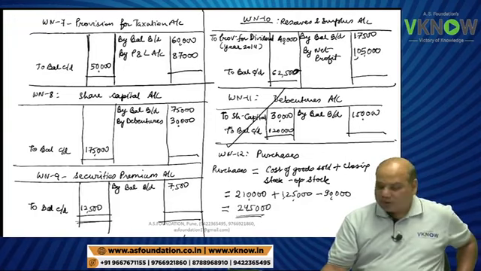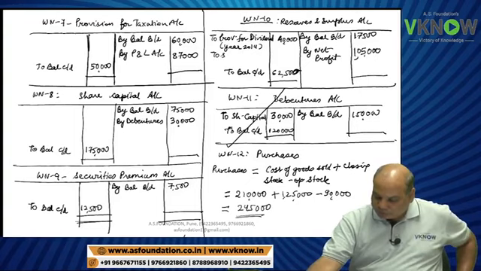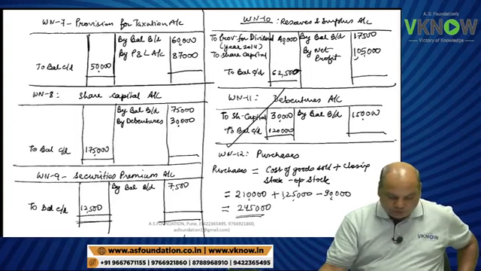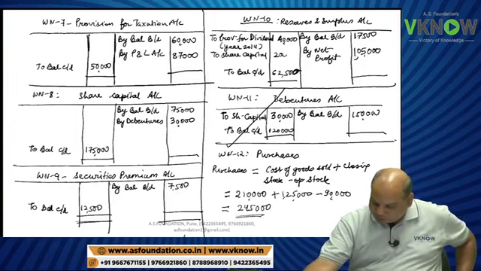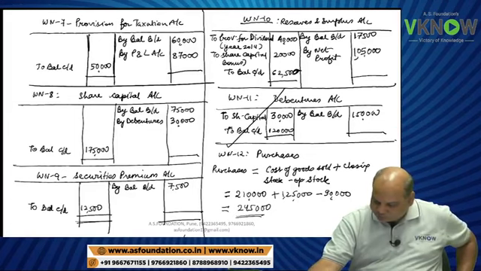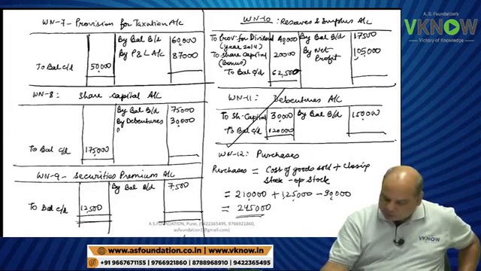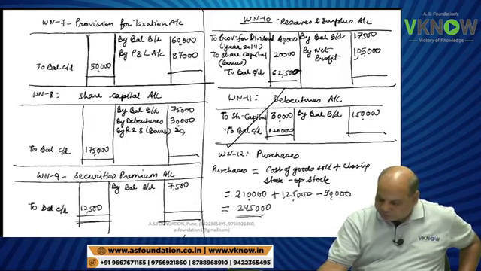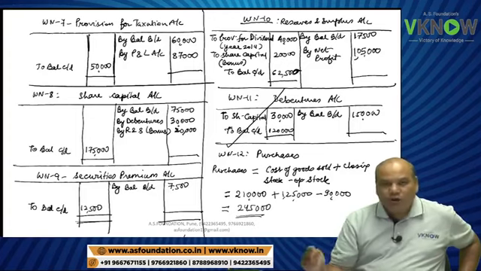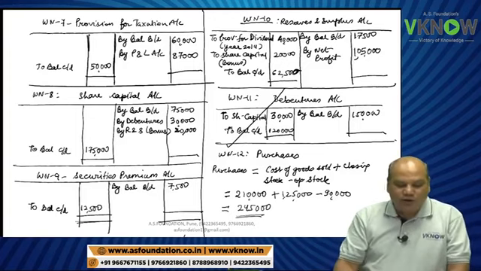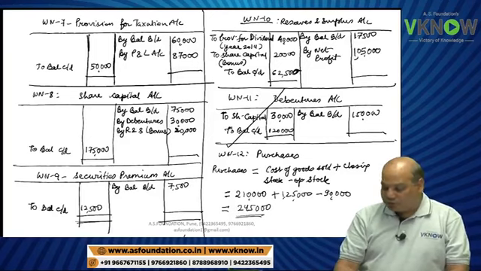Working note number 10, debit side to share capital 20,000 in bracket bonus share, and share capital account credit side by reserve and surplus in bracket bonus share, 20,000. If you write everything nicely, it will be good.